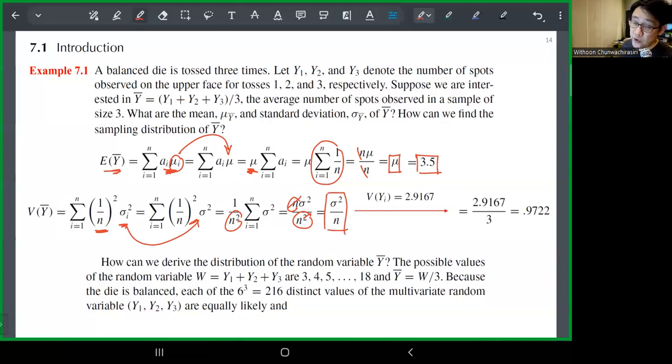But then if you do the calculation of the variance of each sample, what you're going to get is 2.9167.